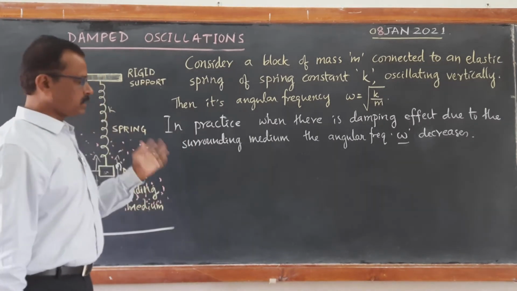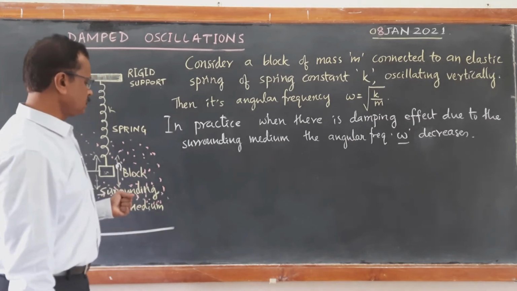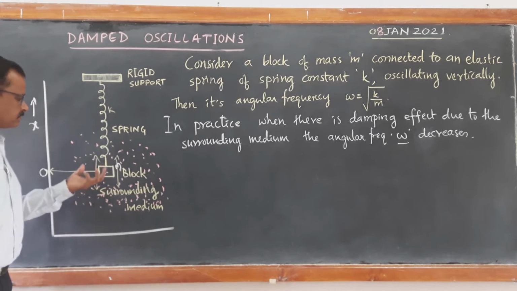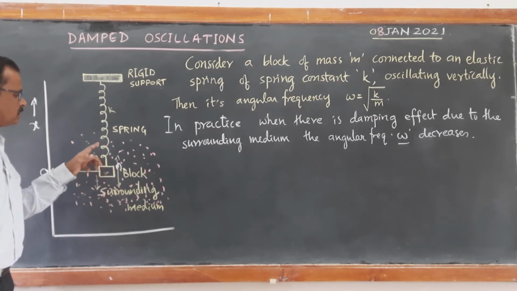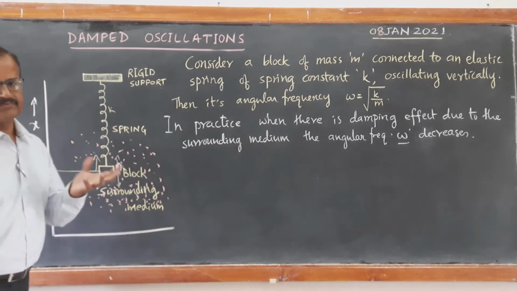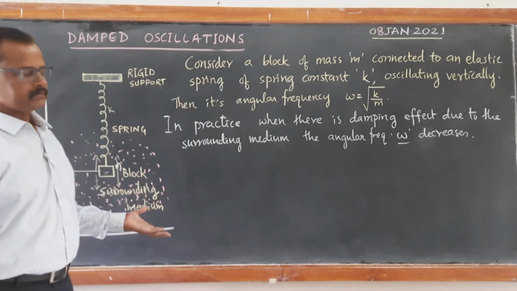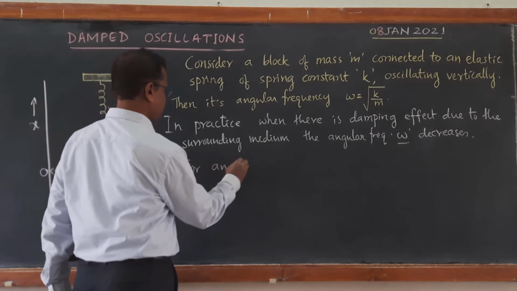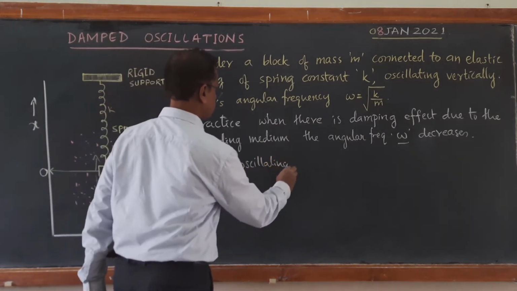Now what are the forces? Let us see the forces. When the damping effect is minimum, there is always a restoring force acting on the movement of this block, which is always acting towards the mean position. That restoring force we have termed the spring force for an oscillating block.